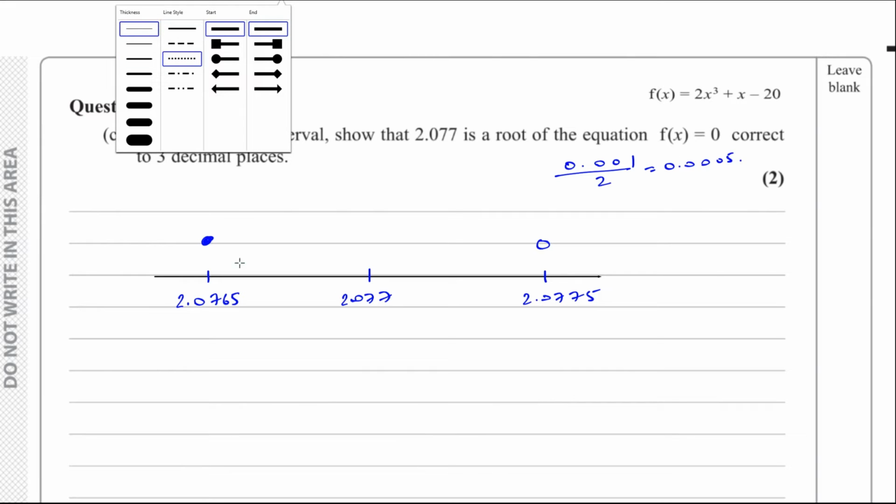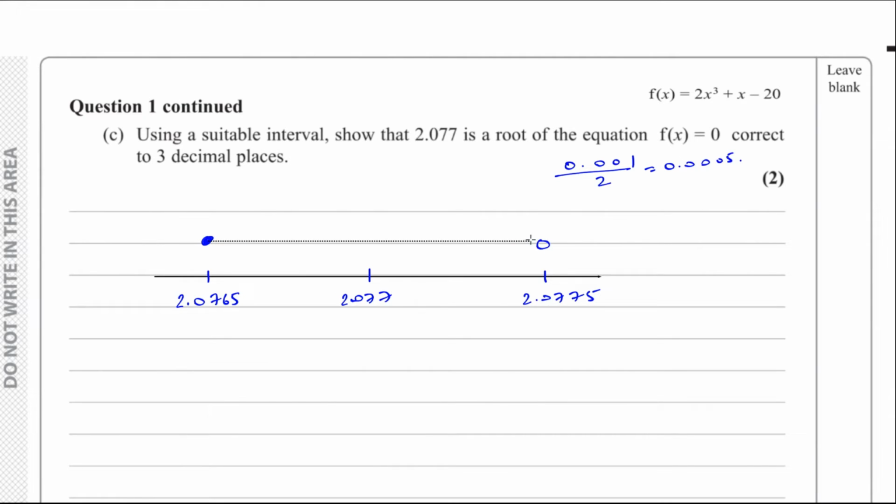Any value of x which lies somewhere between these two points, when you round it to 3 decimal places, will become 2.077. So anything that's 2.0765 and above, all the way up to just below 2.0775. That's why it's got the open circle there.